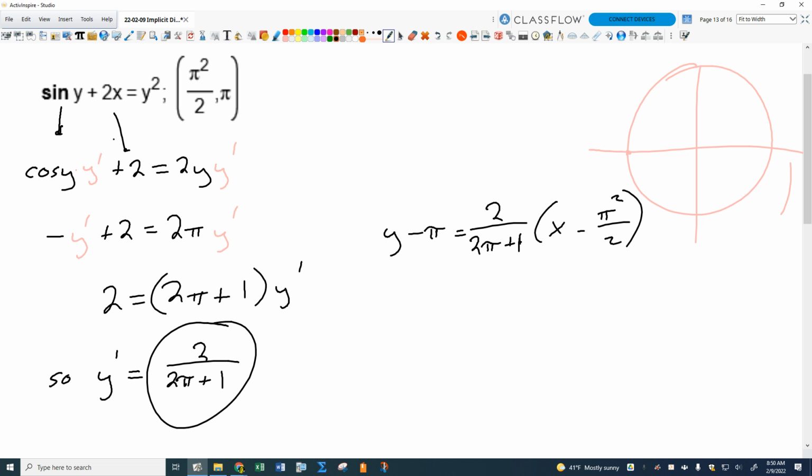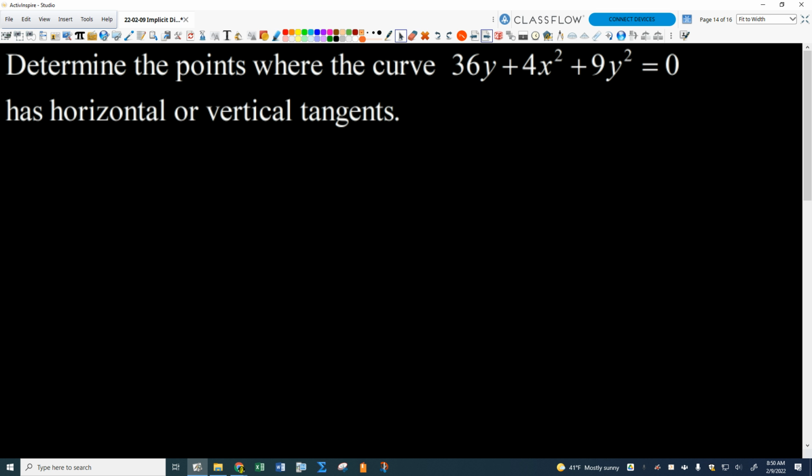Okay. All right, how about something like this now? Take a second and think about that. How are we going to find those points we're looking for? We're looking for the points where this curve has horizontal tangents and where it has vertical tangents.